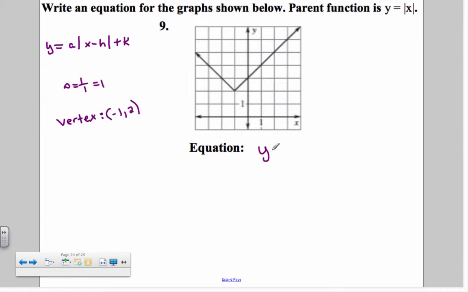I don't need to write my a because it's just 1. I have x minus -1. If I plug in -1 for h, it becomes minus minus, which really becomes +1. And then plus k, which is just +2. So the equation for number 9 is y equals the absolute value of x plus 1, plus 2.